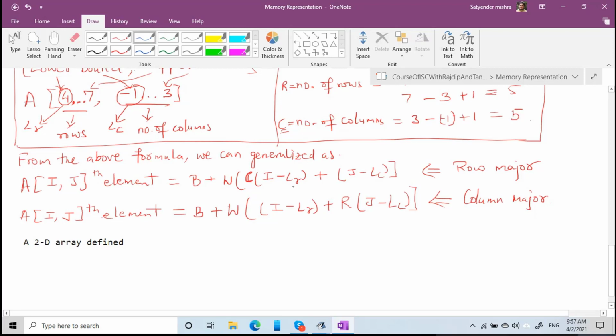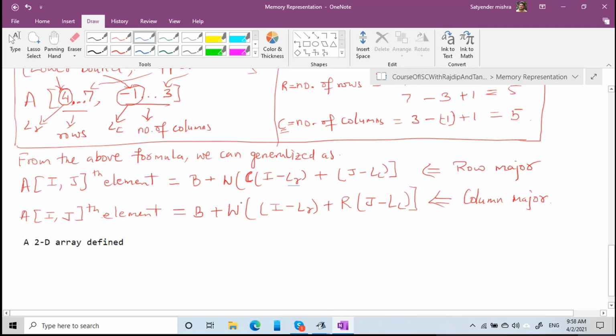In that case, the lower bound of row is always 1. And if they say that it is starting from 0, don't use this. You can directly put down the row and column value. If it is starting from 0, don't put anything here. Just directly put the values, and you will get the answer.